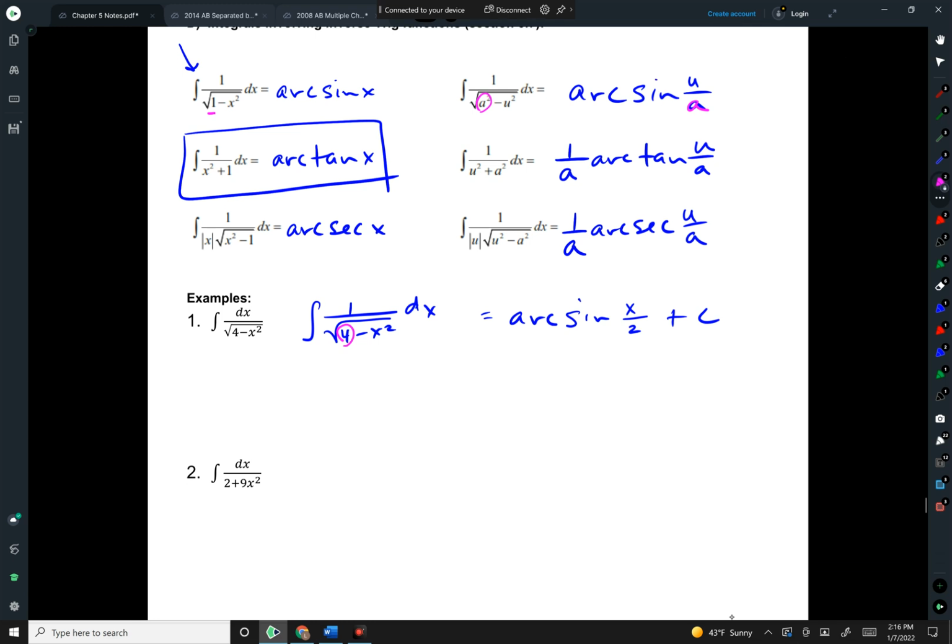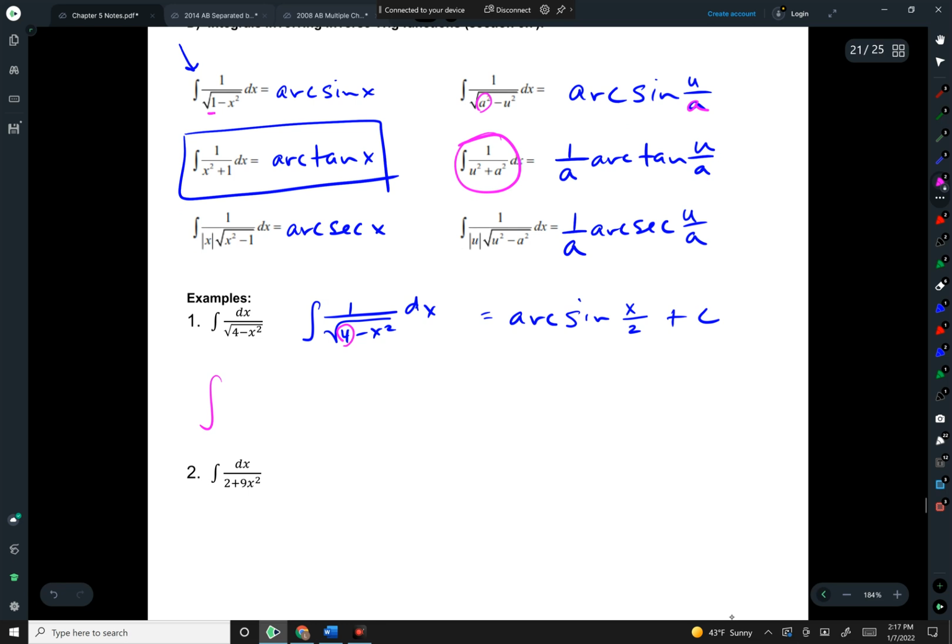What about number 2? Now, a lot of times people want to go straight to the answer on this. It's definitely arctangent, agreed? Agreed? What is a? If I'm comparing it to this, what is a? Is a 3 or is it square root of 2?